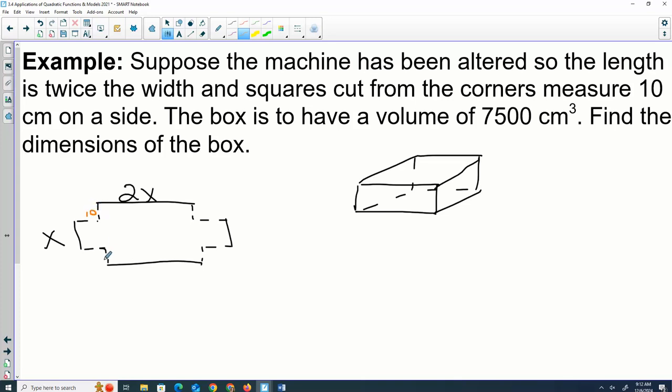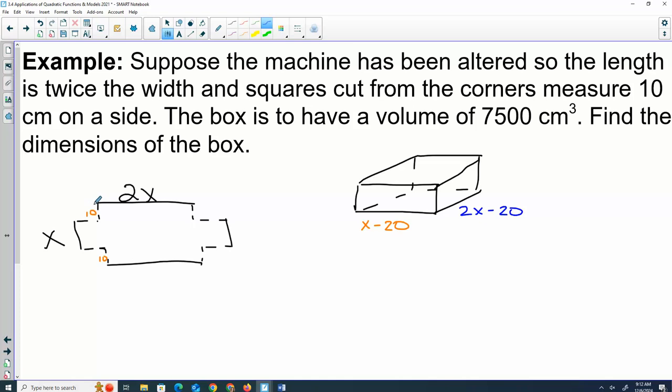10. I took 10 off here and 10 off here, so it's x minus the 20 that we removed. This side was 2x, but I took the 10 off here and the 10 off here, so it's 2x minus the 20 that we removed.